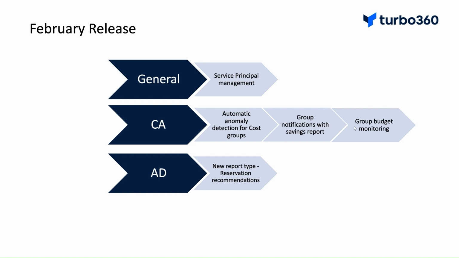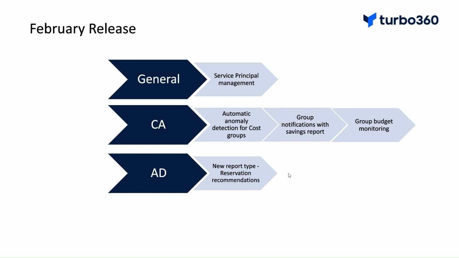Furthermore, we have group level budgets that monitor the budgets of cost management group and alert if it reaches the set budget on a daily or monthly basis. Lastly, within Azure Documenter, we introduced a new report, reservation recommendations, where recommendations related to commitment based discounts can be generated as reports. So that's it with the gist of the items.